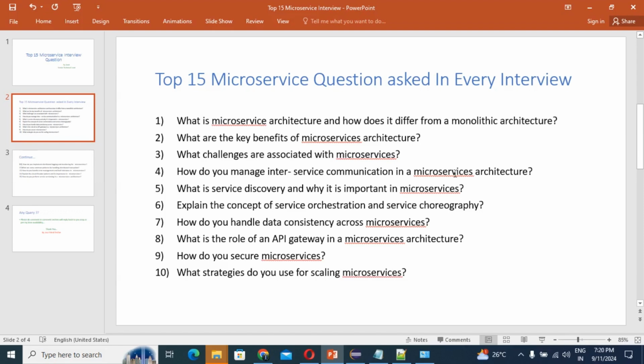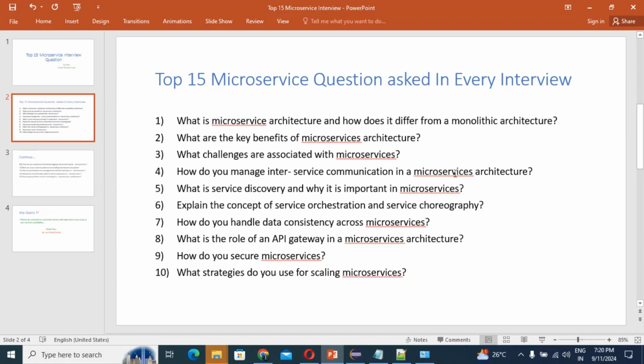Next question: what is the role of an API gateway in microservices architecture? You might have heard about the API gateway. An API gateway acts as a single entry point for all client requests to the microservices.